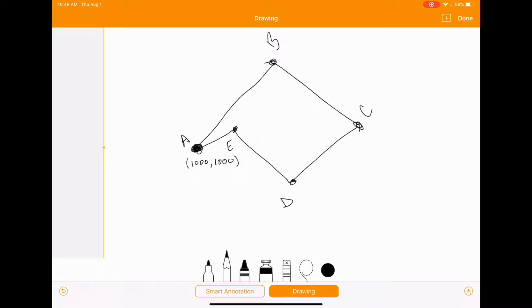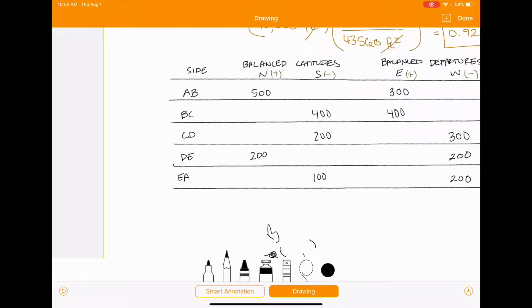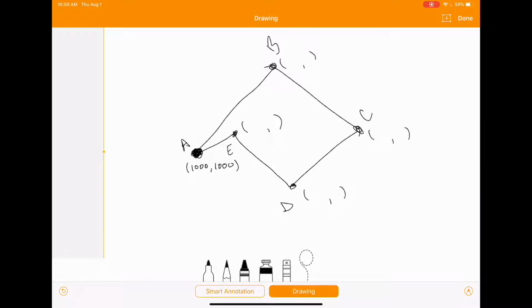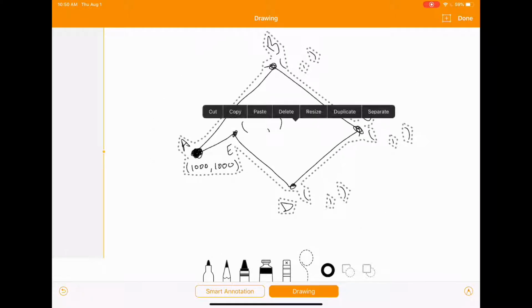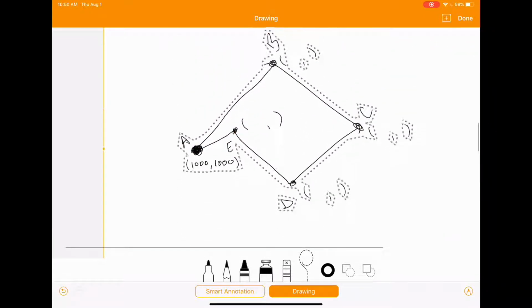And so I'm just going to arbitrarily say that A sits on this coordinate system at 1,000, 1,000. And so now we're going to go through and find all the other different coordinates for these points. And in order to do that, we can just use these values from our notes up here. So let's go ahead and just move this out of the way for now.